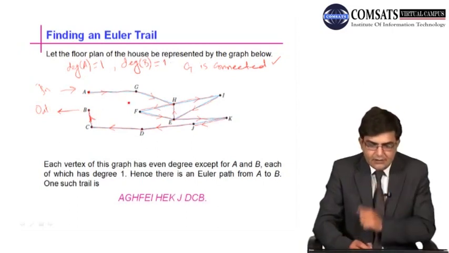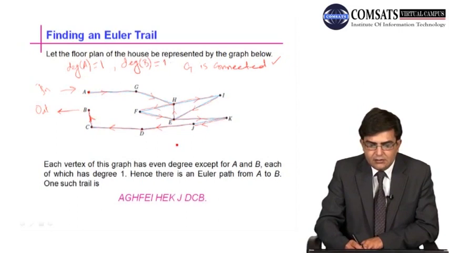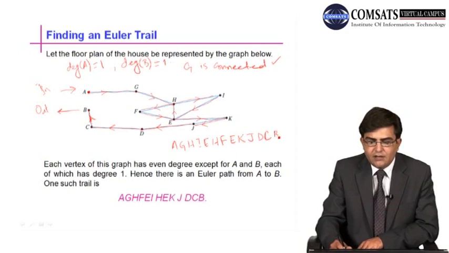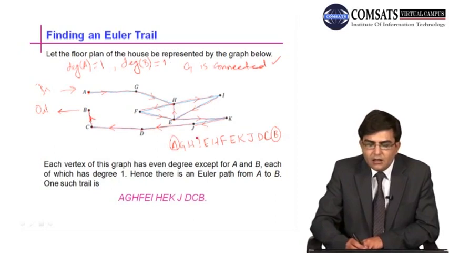So if we write this path, this is A, G, H, I, E, H, F, E, K, J, D, C, B. So starting point A, ending point B. So it uses every edge exactly once, yes, and every vertex at least once, yes.